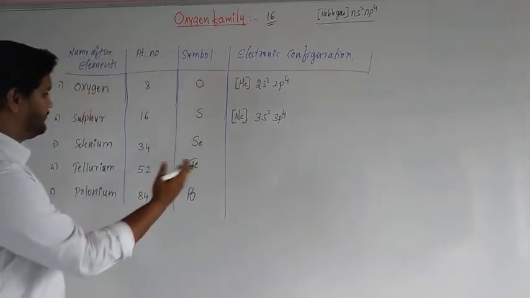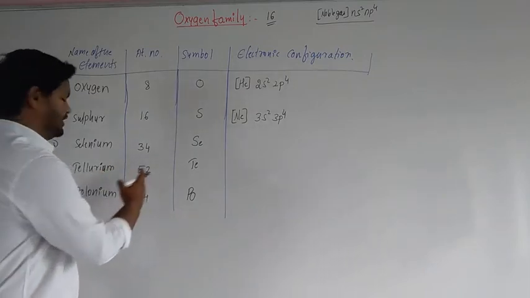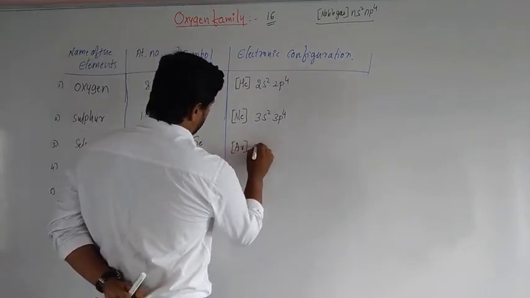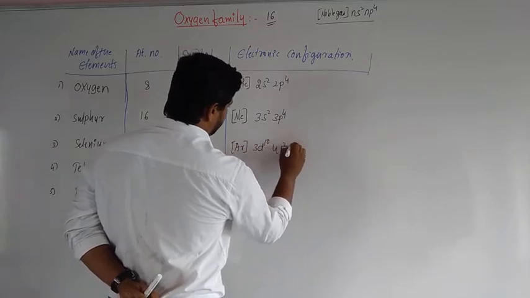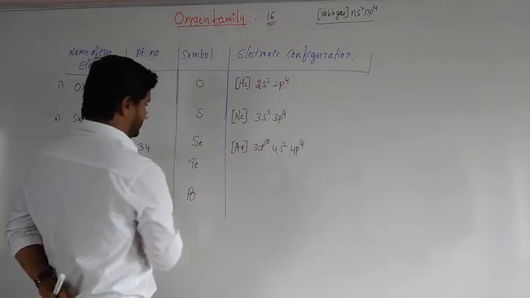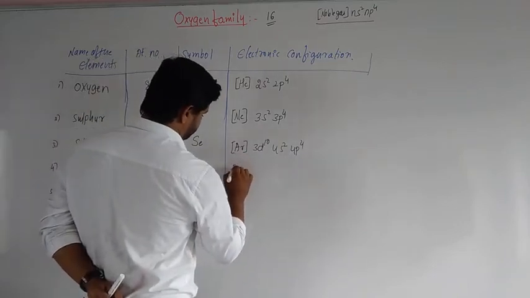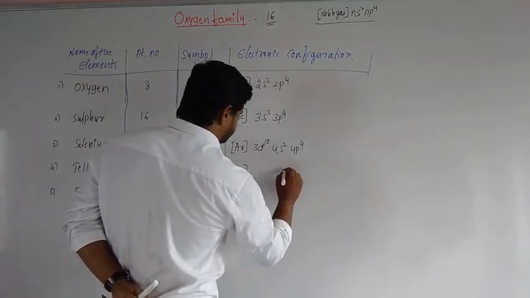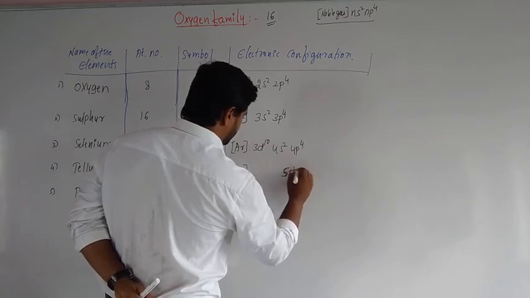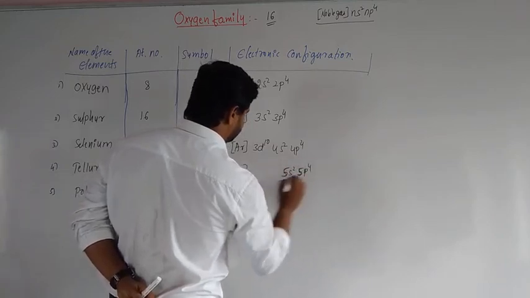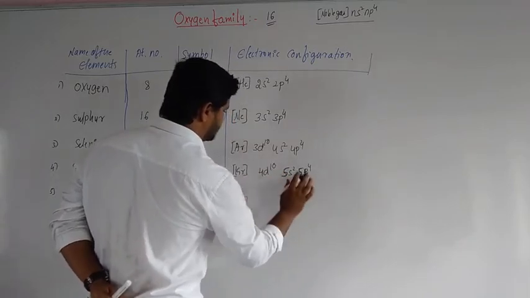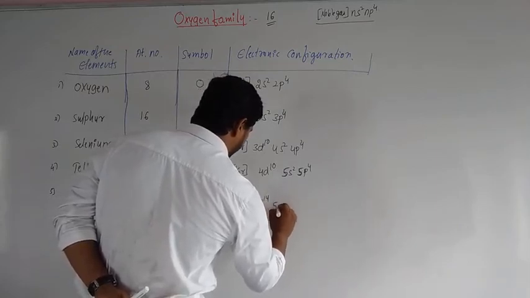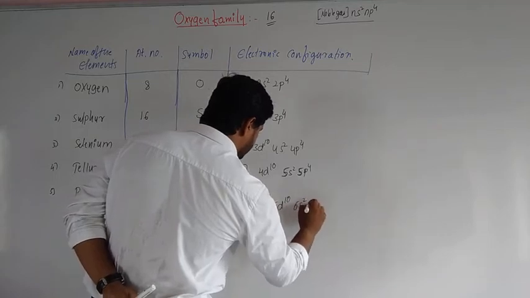Okay, like this you can write selenium, tellurium, and polonium electronic configurations also. Selenium, argon 3d10 4s2 4p4, and next one tellurium, krypton 4d10 5s2 5p4, and polonium, xenon 4f14 5d10 6s2 6p4.